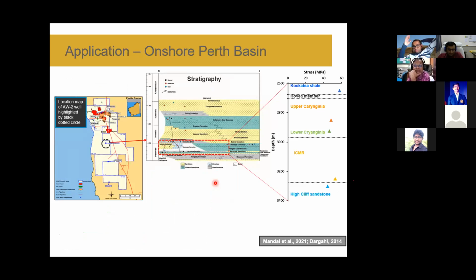This study I presented this year at the ARMA rock mechanics conference. This is another gas shale prospect, where one of the prospective intervals is the Caringinia formation as well as the Coquetier shale, and we chose this formation because there are already five stress magnitude estimations available. So each layer has a least principal stress obtained from the field itself, which I previously showed.